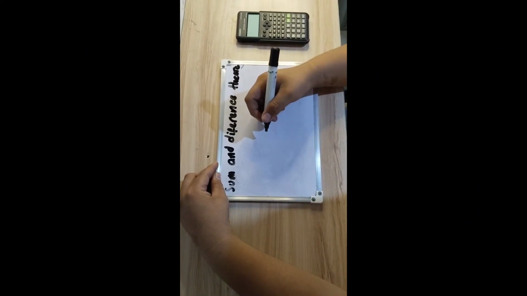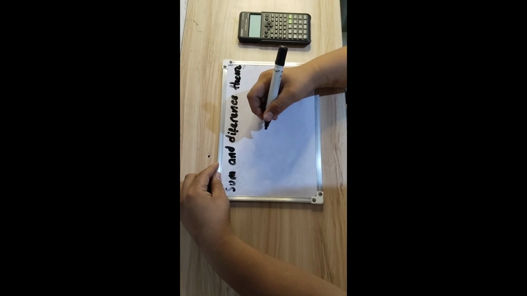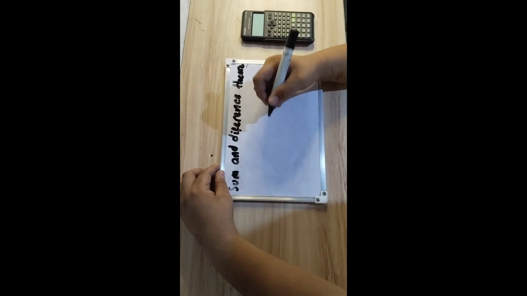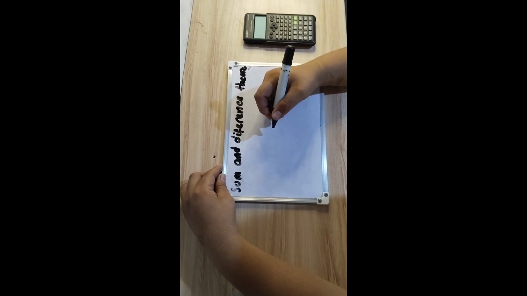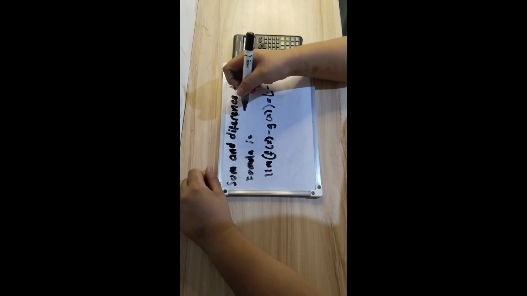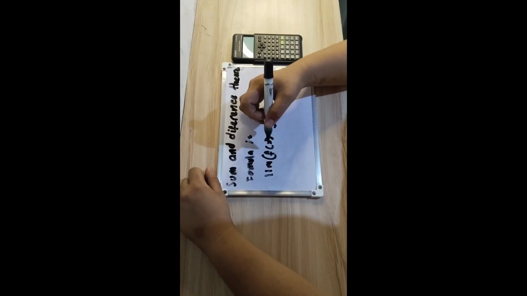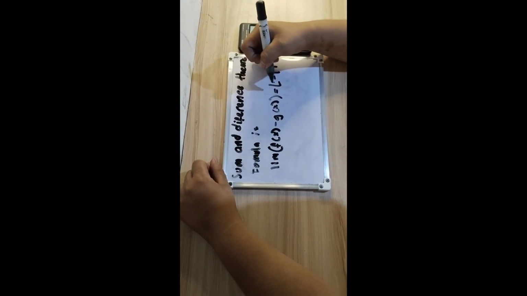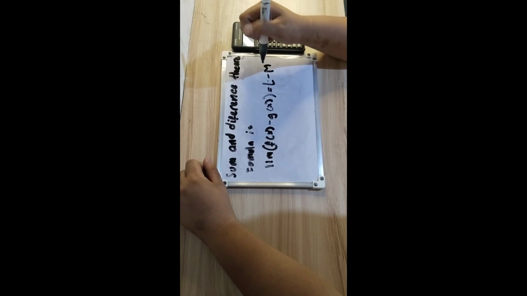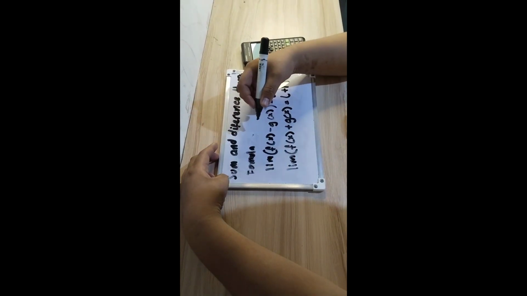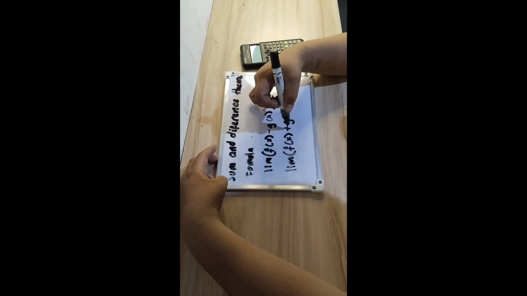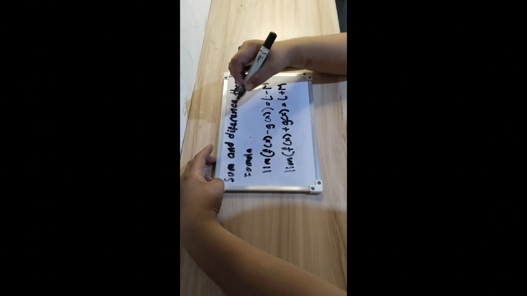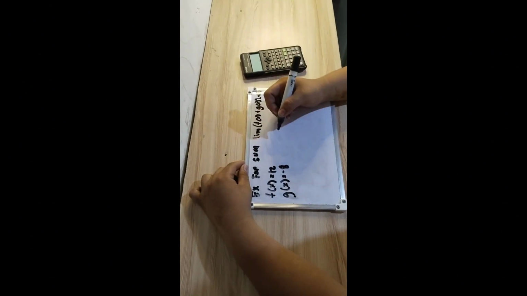In other words, the limit of f of x is equal to L and the limit of g of x is equal to M when x approaches c. Our formula for difference is the limit of f of x minus g of x equals L minus M. The formula of sum theorem: the limit of f of x plus g of x is equal to L plus M.